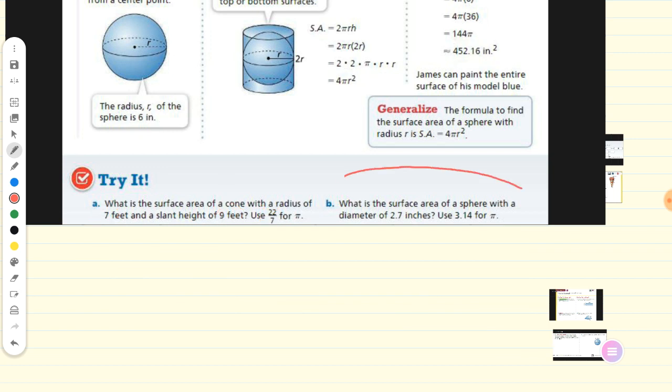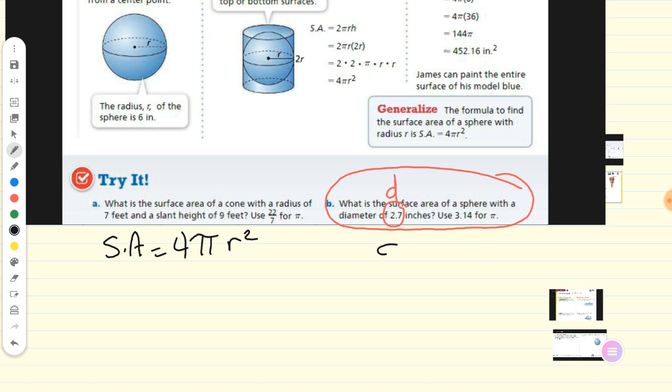What is the surface area of a sphere with the diameter d equal 2.7? Surface area of a sphere equals 4πr to the power 2, but I don't have r. I have d, but r equals half d. So r equals half multiplied by 2.7.